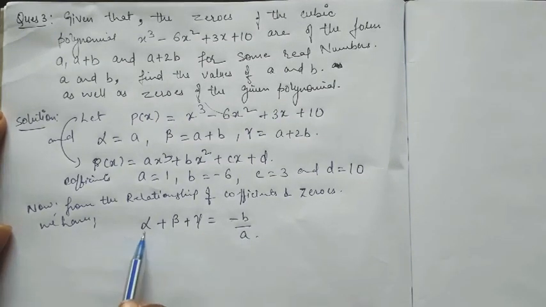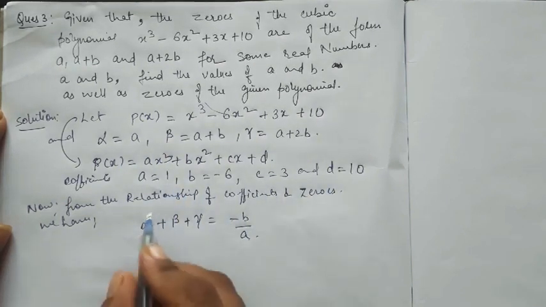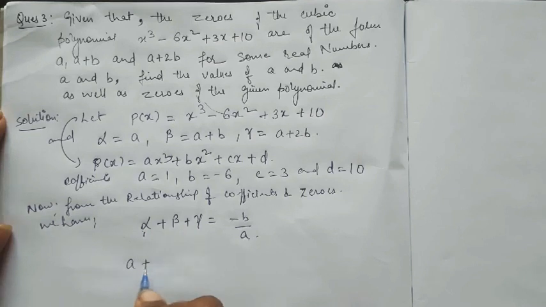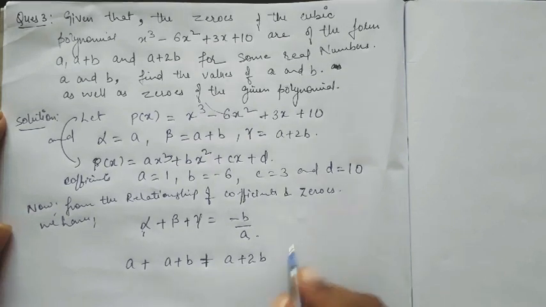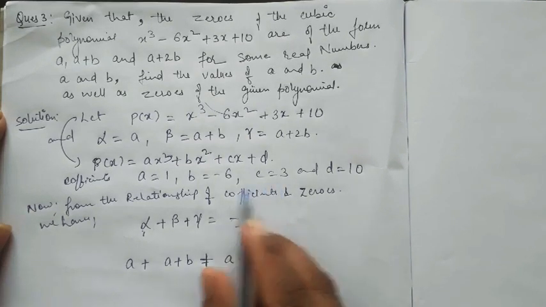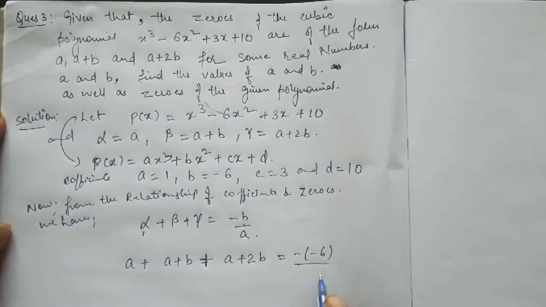We can substitute the values of alpha, beta and gamma from here, and b and a from here. So alpha is a, beta is a plus b, gamma is a plus 2b. Minus b, that is minus of minus 6, and a is 1.